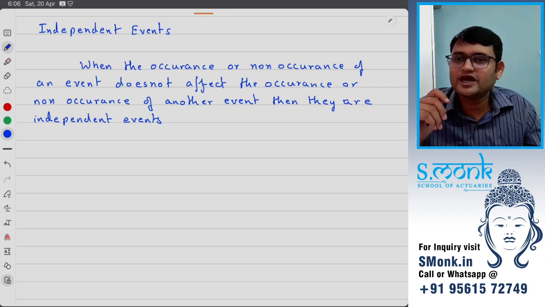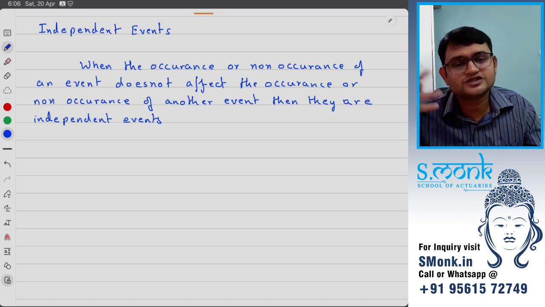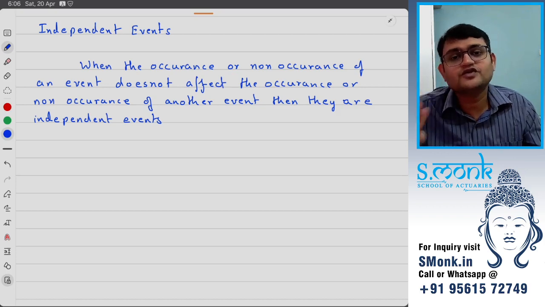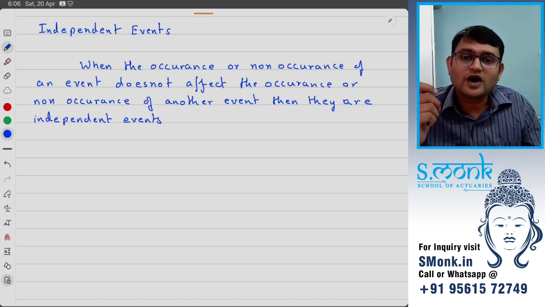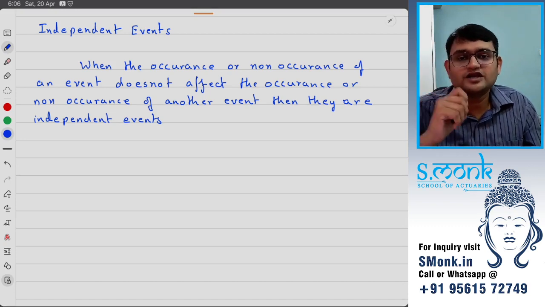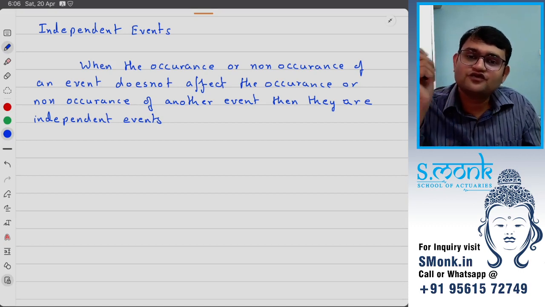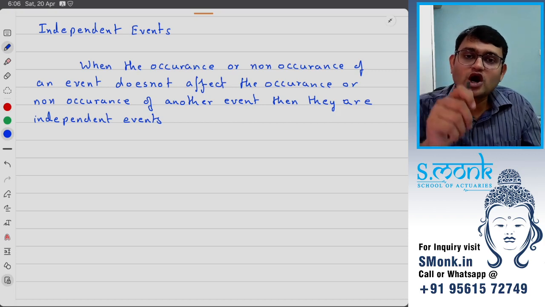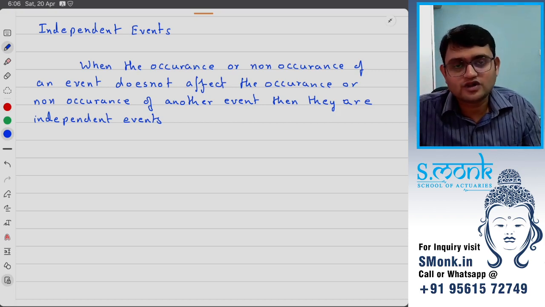But there will be times when I am not eating mango and still there is rainfall, and there will be times when I eat mango but there will be no rainfall. So my eating mango or not eating mango is not affecting whether there will be rainfall or not.